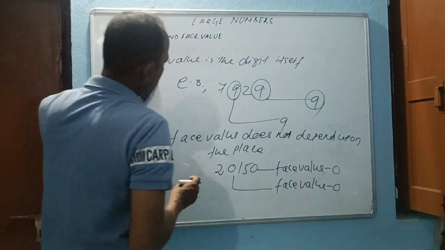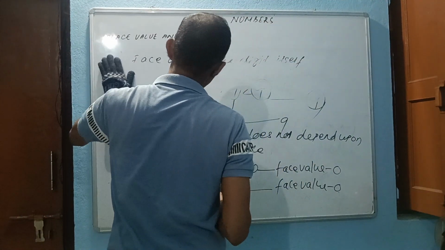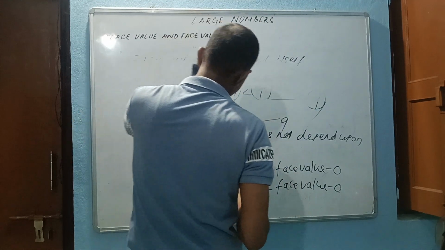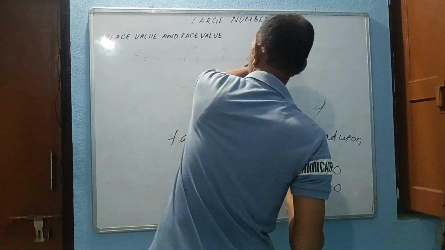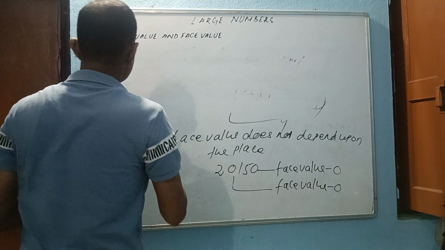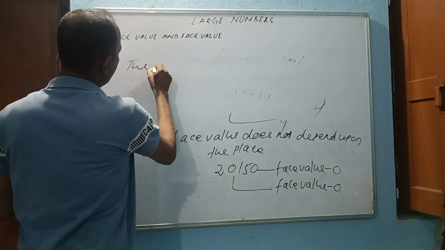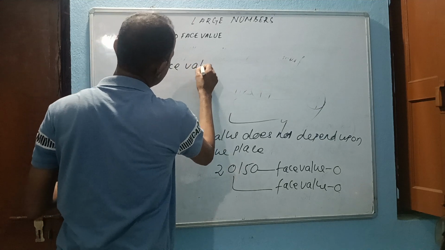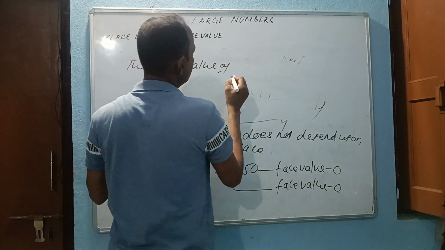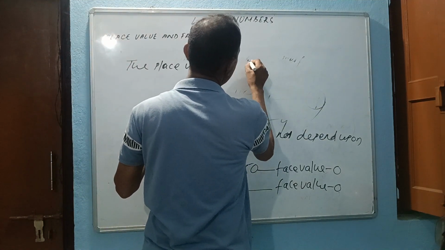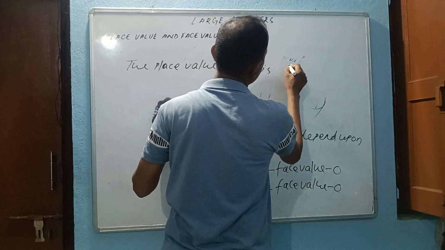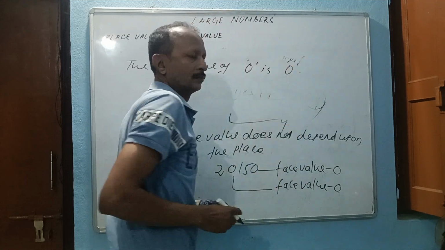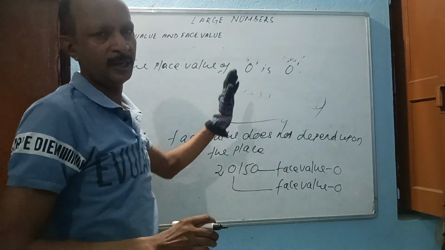So I can say that the place value of 0 at any place, this is the important point you have to note down. See here. The place value of 0 is 0 only. Okay, wherever it may be.